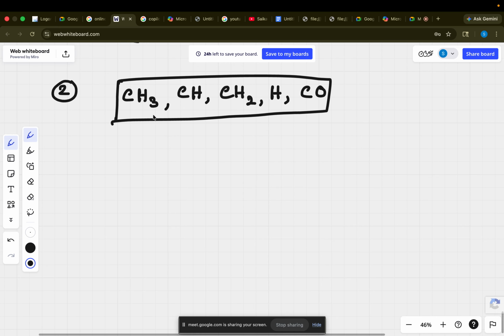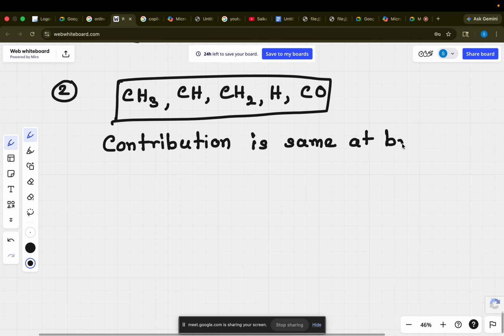So here write down that the contribution is same at bridging and terminal position.